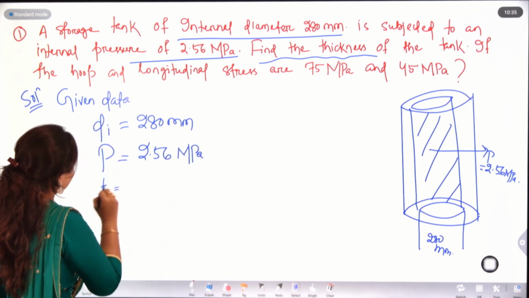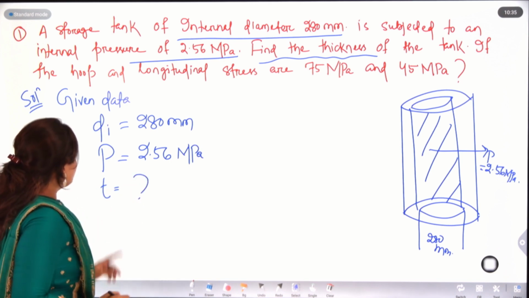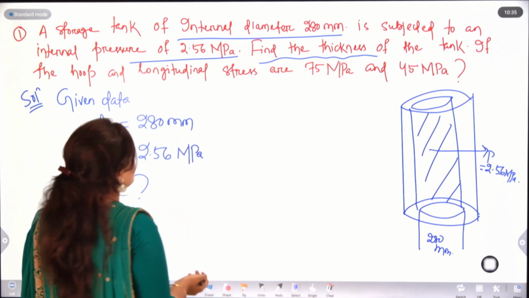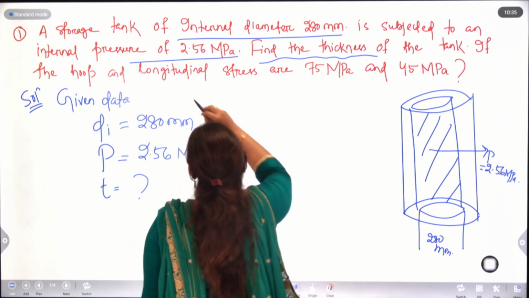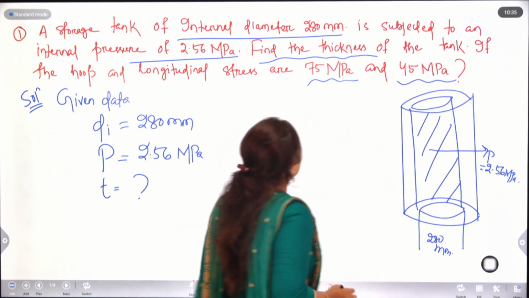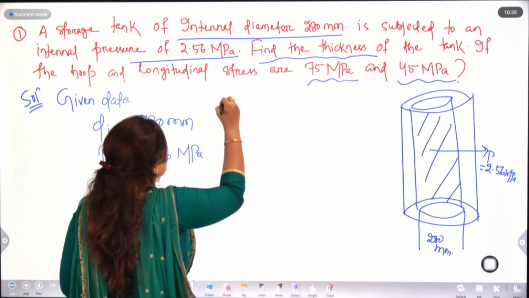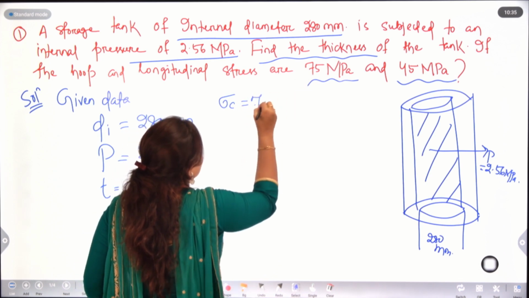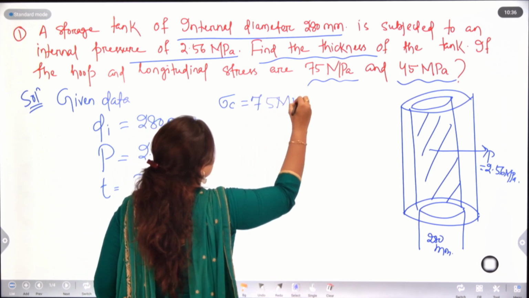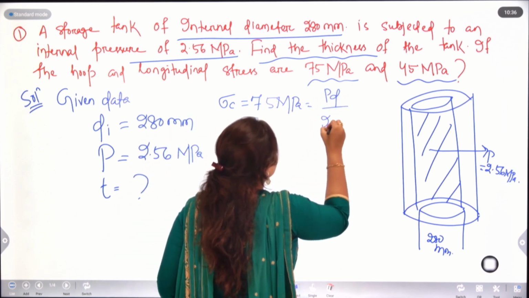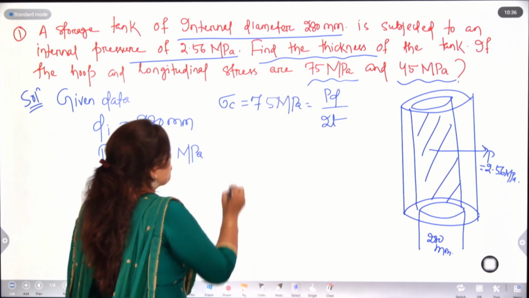We need to find out what? t. To find out t, what do we need? Our hoop stress or longitudinal stress. So, here the hoop stress and longitudinal stress are given. As we know, sigma C equals 75 MPa, that is PD upon 2t.